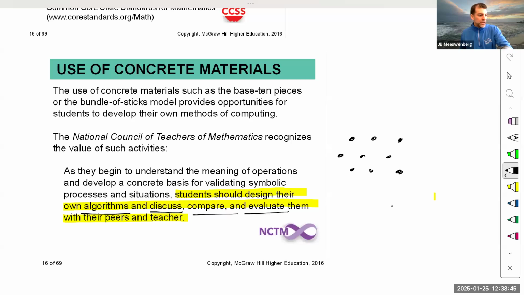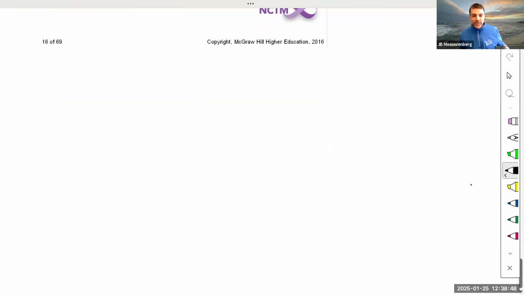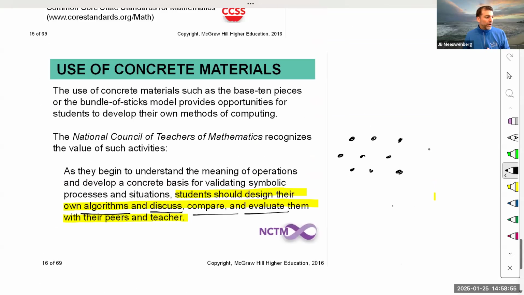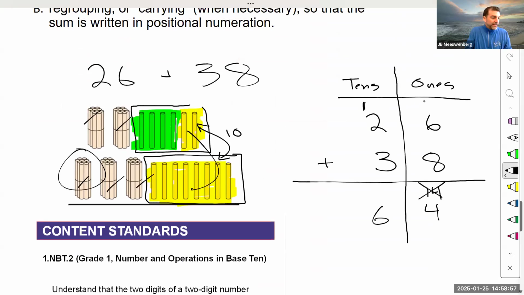So next, we will just introduce another piece of terminology called partial sums. Partial sums, just so we are familiar with all the important terminology here. The partial sums were really what we did in the previous example, where we were adding the ones first. 6 plus 8 is 14.